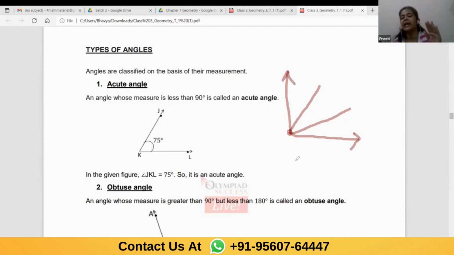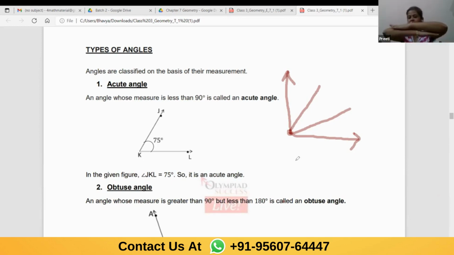Whatever angles lie between this 0 degree and this 90 degree, this L shape, are all acute angles. It could be 10 degree, 20 degree, 25 degree, whatever numbers fall between 0 and 90.